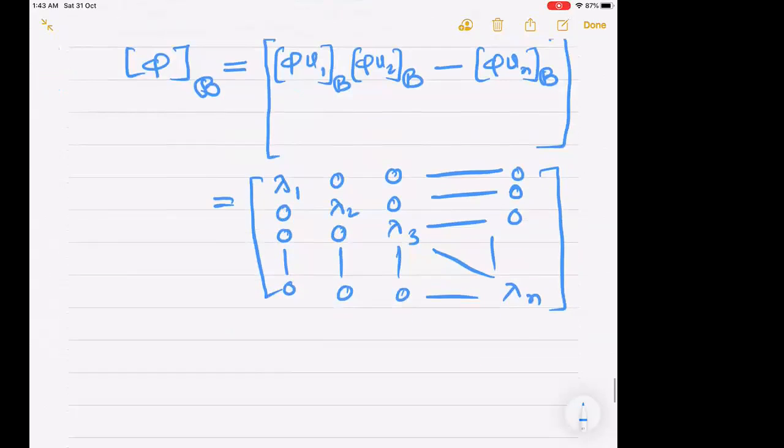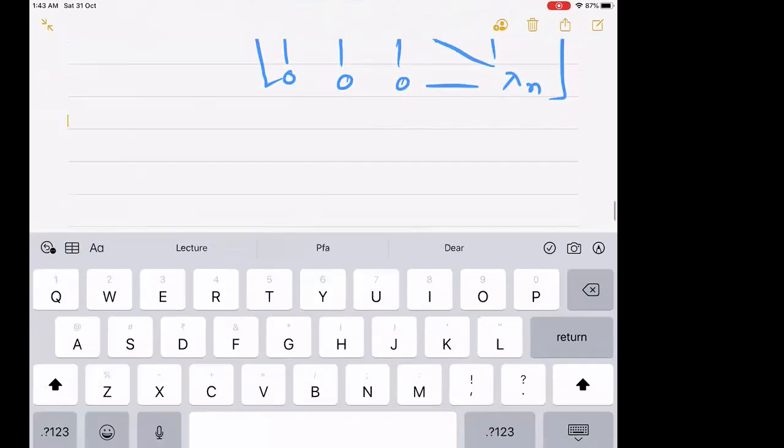Before we go to the second module, I would like you to solve these two problems.